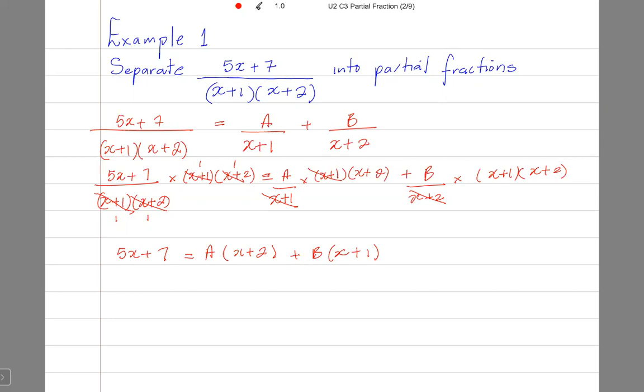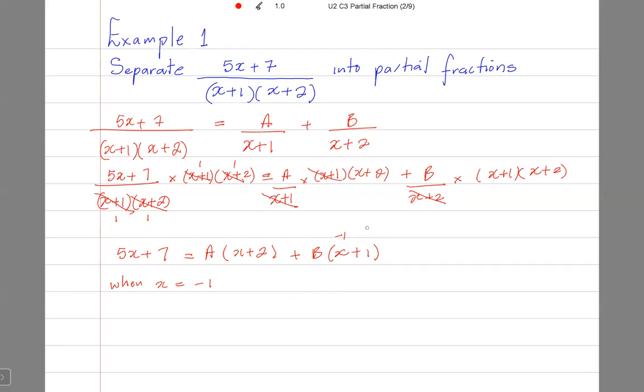I could get rid of b by saying that when x is equal to -1, you will notice that -1 plus 1 is 0. So 0 multiplied by b is going to be 0.